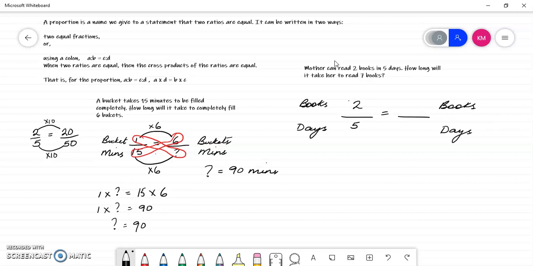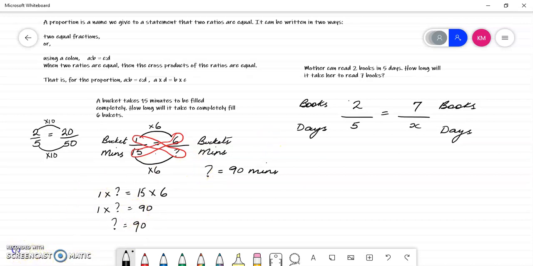So I put 7 here and a question mark underneath there. Now, instead of using that question mark, this is where algebra comes in. So I can replace that question mark with a letter, right? So let's say I use X. You all know that X is commonly used in algebra, right? So we'll use X.